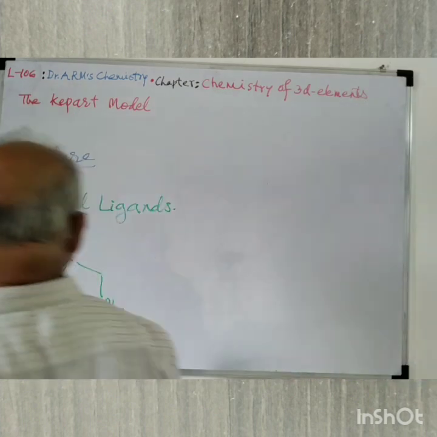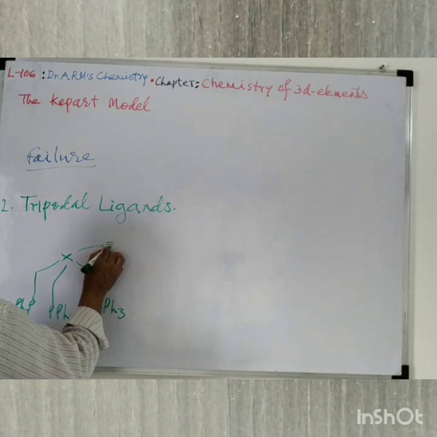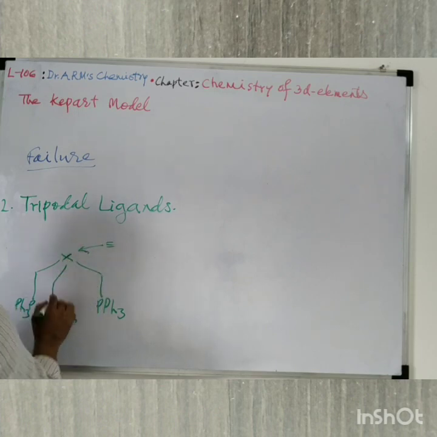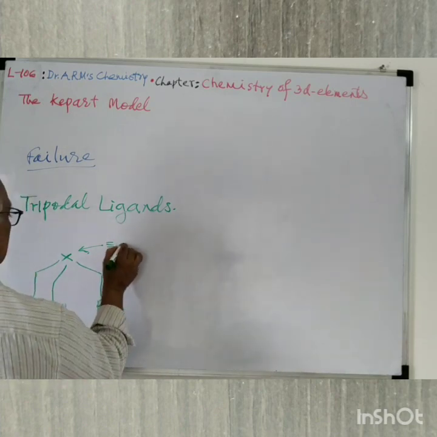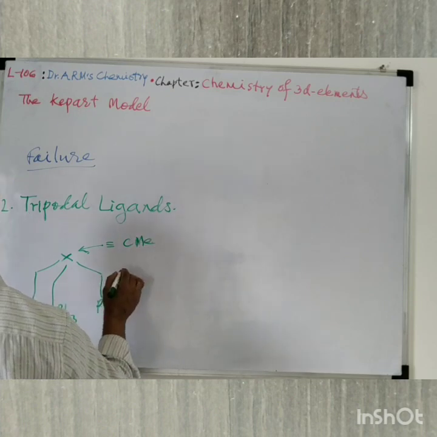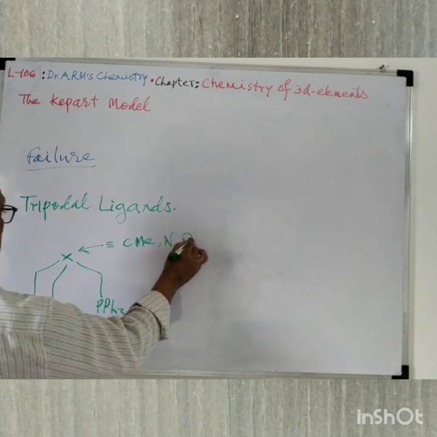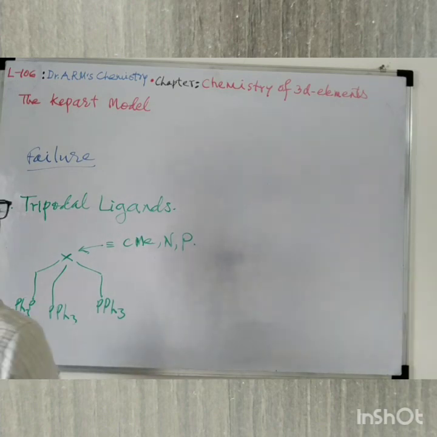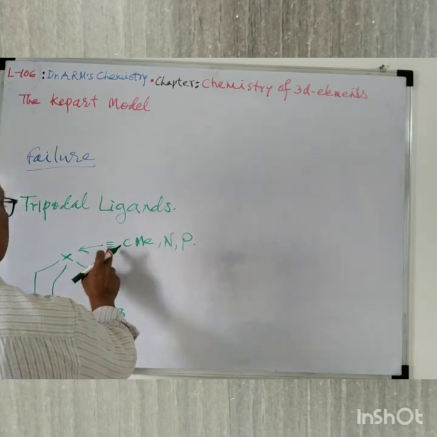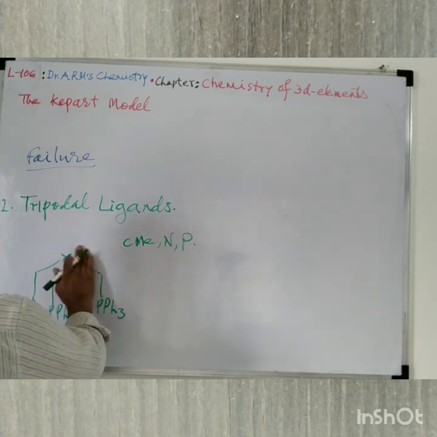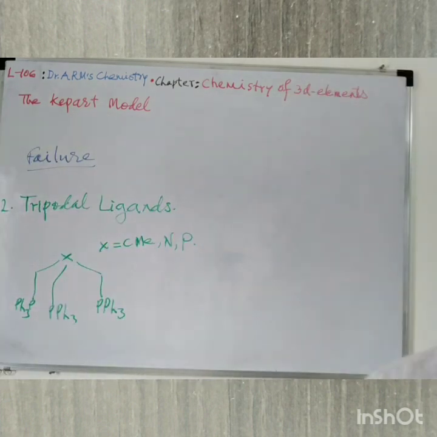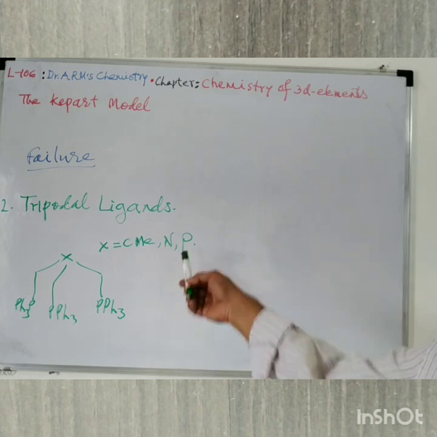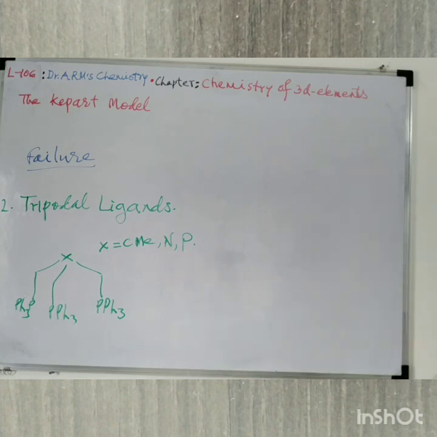Here X can be CH3, CNE, nitrogen, phosphorus, etc. In order to avoid confusion we will say X is equal to C. This methyl group is attached to carbon.